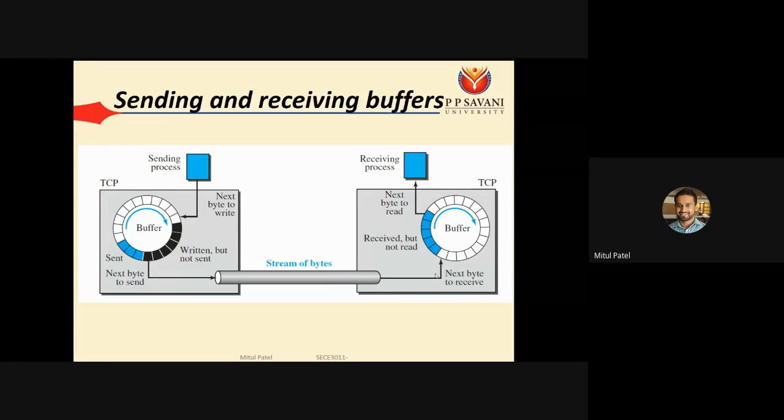And the new bytes that are coming can be stored in the white blocks. So we require only two colors: the white will store the new bytes, and the blue indicates the bytes that are already received and stored but not yet read by the receiving process.